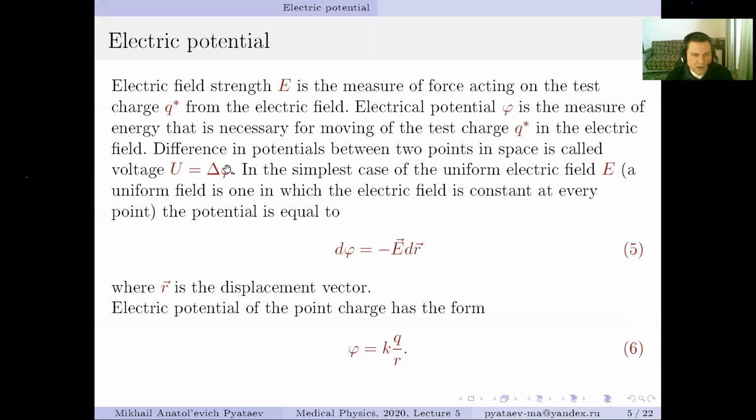And the work done by the electric field equals the charge multiplied by the difference of electric potentials between two points.